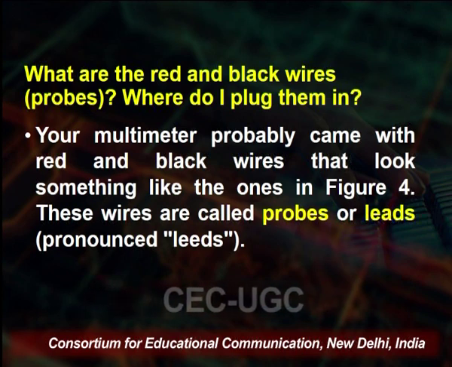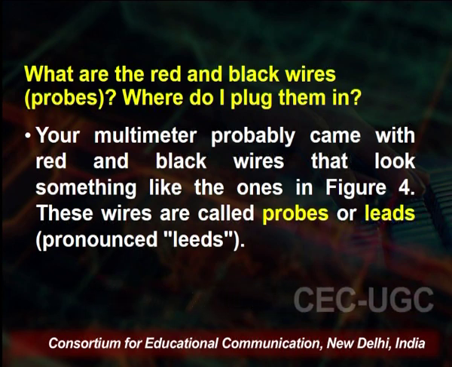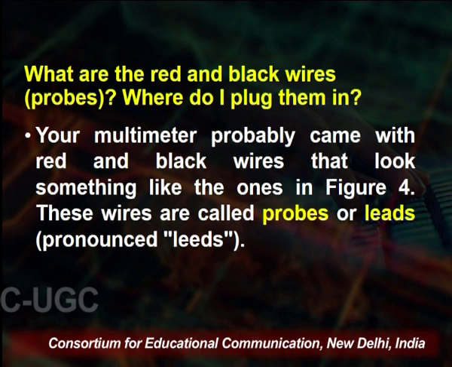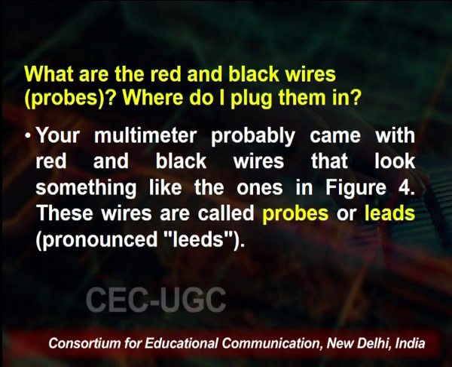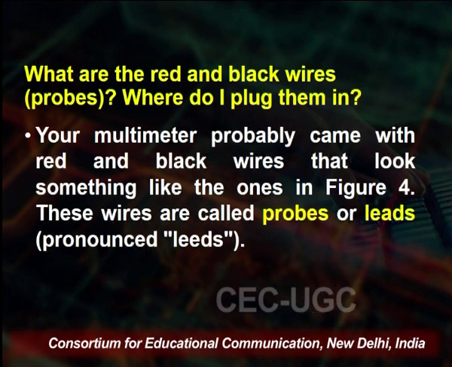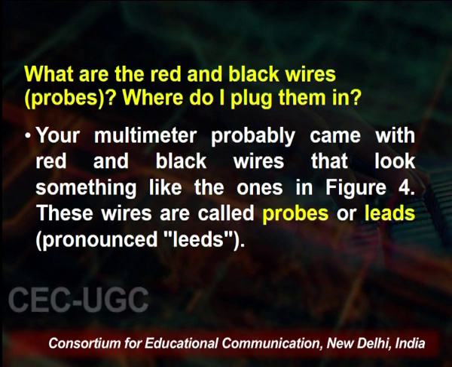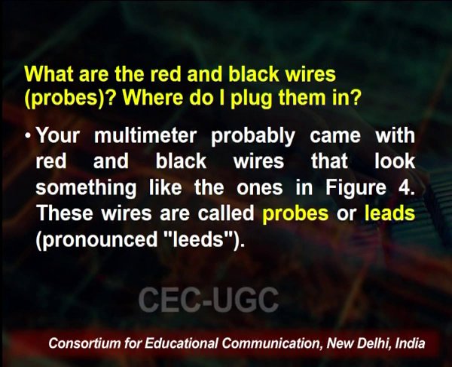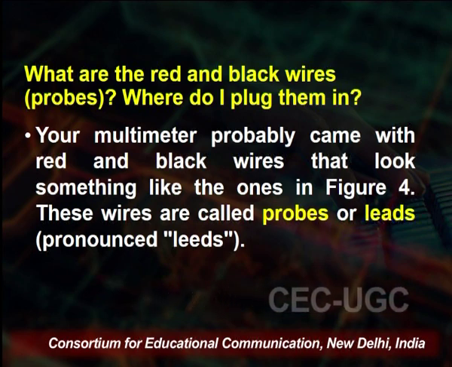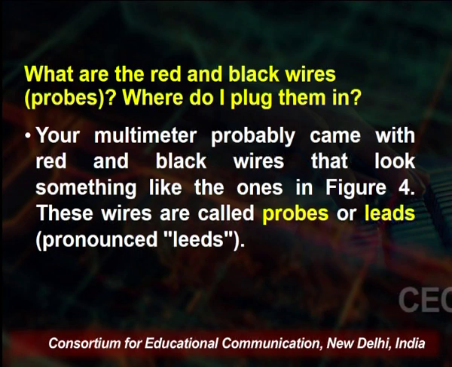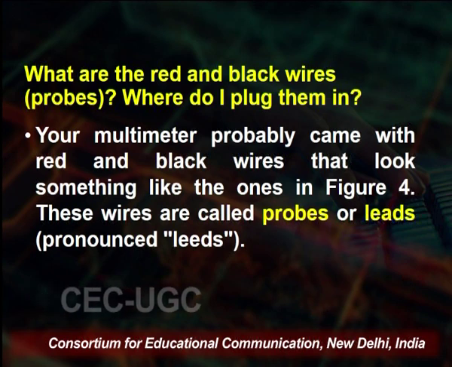Then another point is what the red and black wires are, and when to plug them in. There are three ports, and these ports are used to measure various values. A multimeter probably comes with a red and a black wire that look something like the one we have seen in the figure.